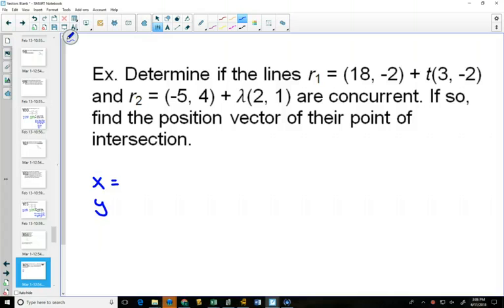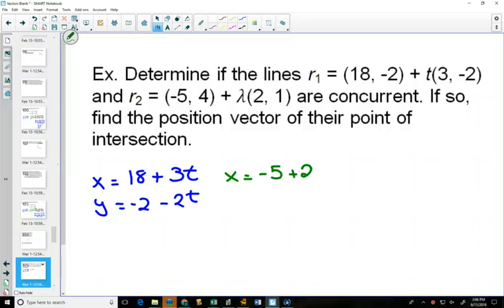So for our first one, we would have 18 plus 3t and negative 2 minus 2t. Our second parametric equations are negative 5 plus 2 lambda. Why not, eh? 4 plus lambda. It's just a Greek letter.